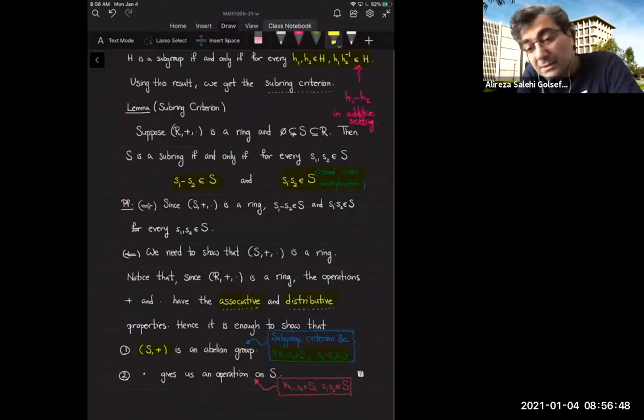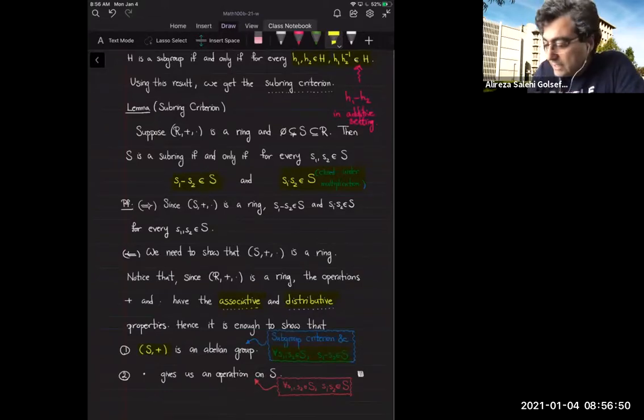And because S is closed under multiplication, we deduce that multiplication gives us an operation on the set S, and altogether we get that S is indeed a subring of the ring R.